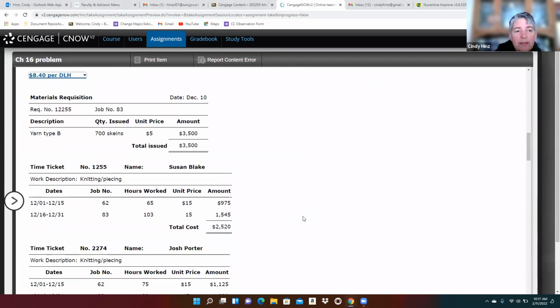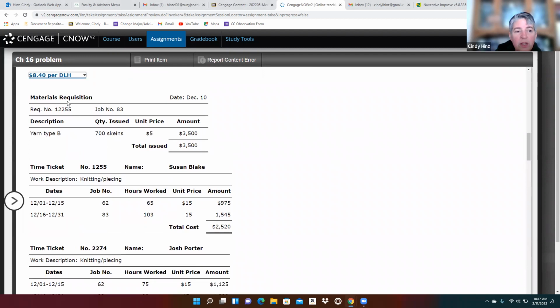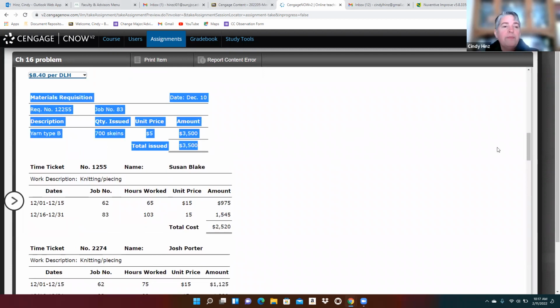What we're given next is first, this materials requisition, for the application or the movement of materials from the materials inventory into work in process. I think I'm going to try setting up the T accounts right now.